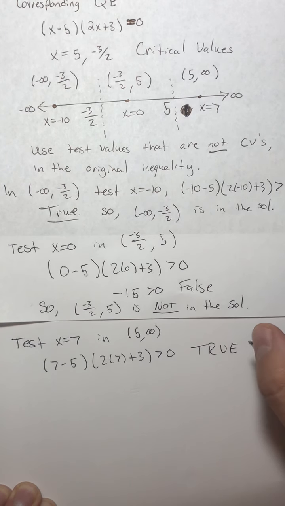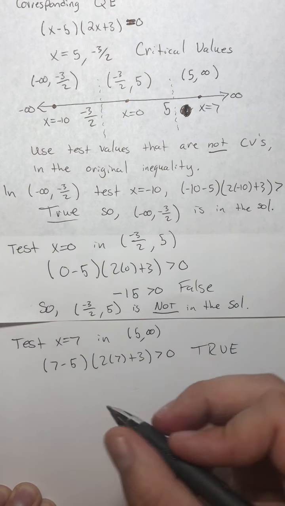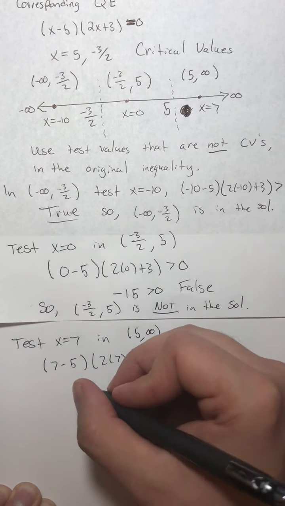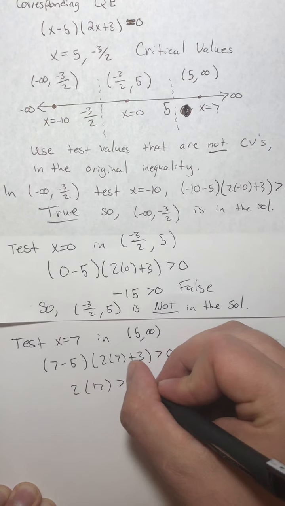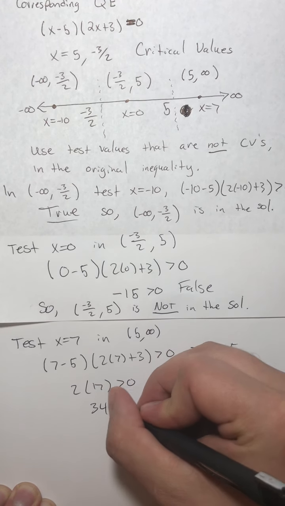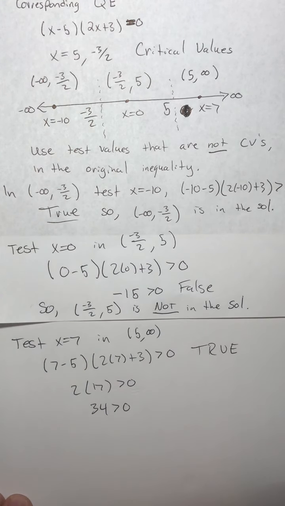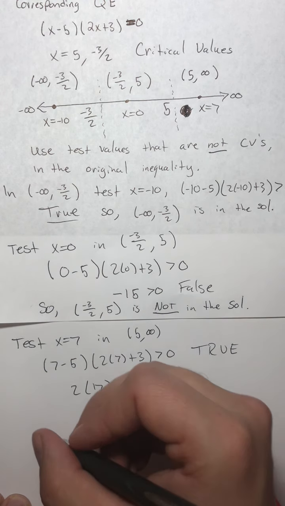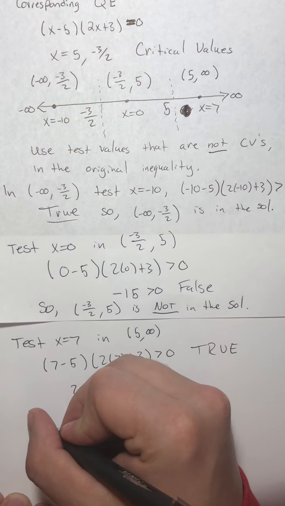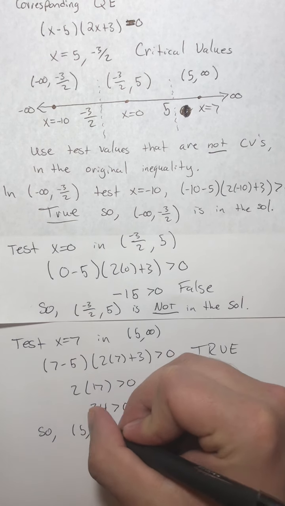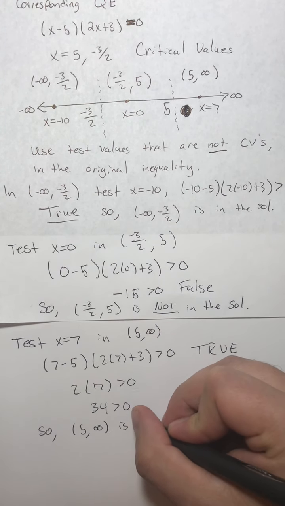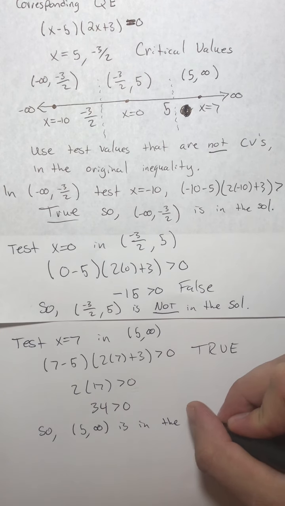This does give us a true statement, so we'll have a positive number from here. So 2 times 17 greater than 0, 34 is greater than 0, and that tells us that 5 to infinity is in the solution set.